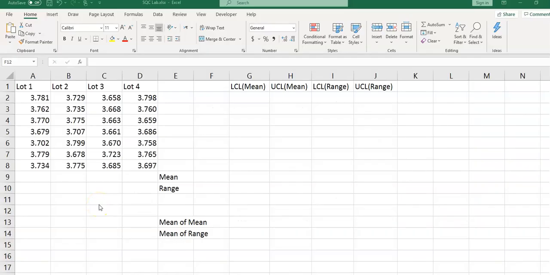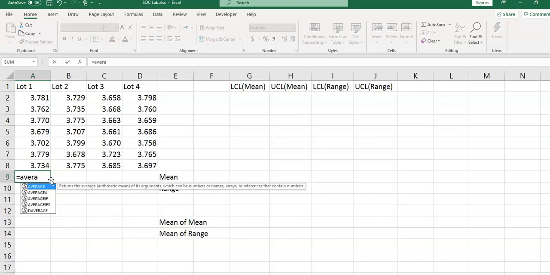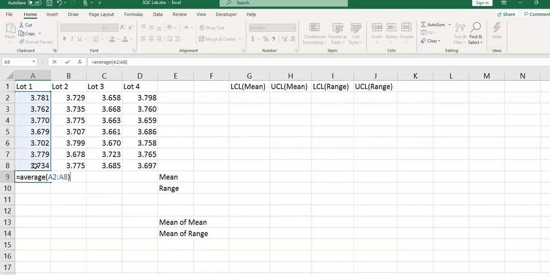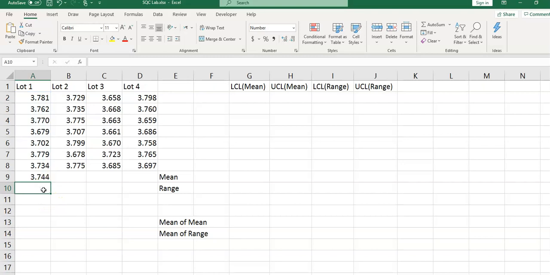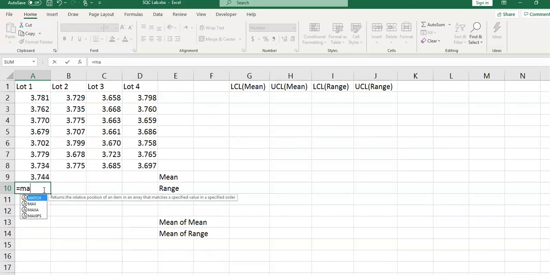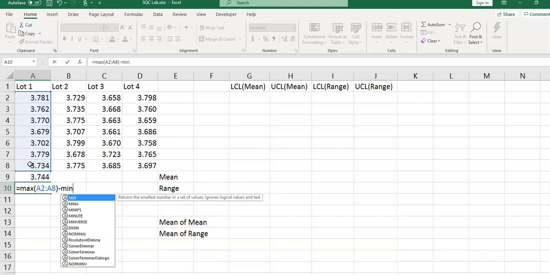In the control chart method, you had 4 different lots and you measured the length for all the 7 samples in each of the lots. Now I'm going to calculate the mean and range for these lots. For range, I have maximum minus minimum.